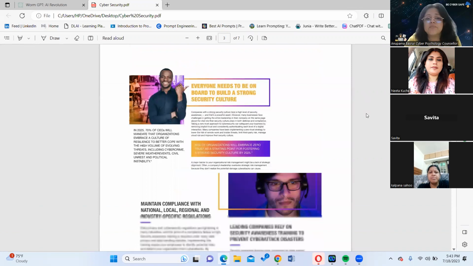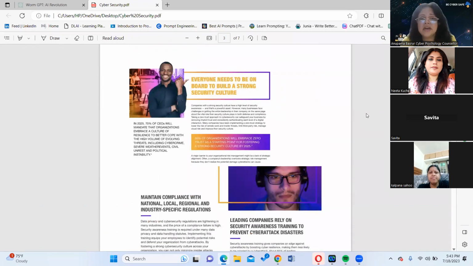Now, why are employees supposed to be trained? Because they are the ones who will be handling instruments, computers or laptops, which are connected to your cloud, which are connected to your systems.